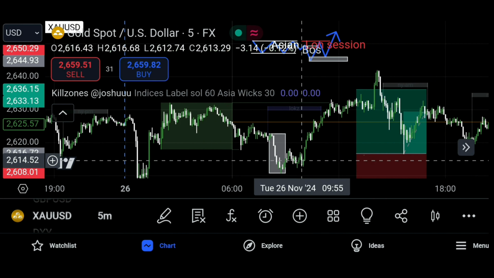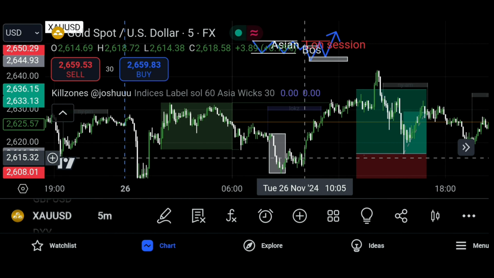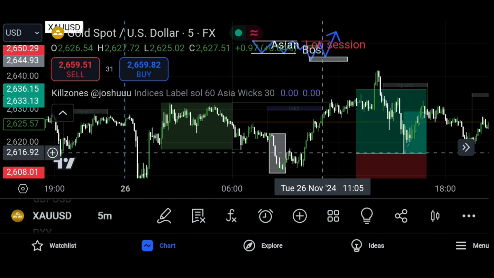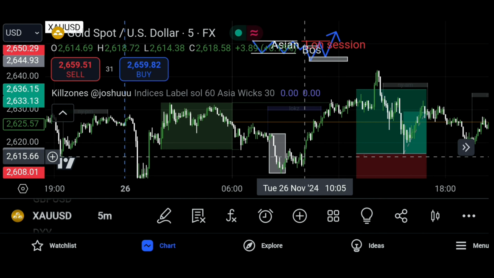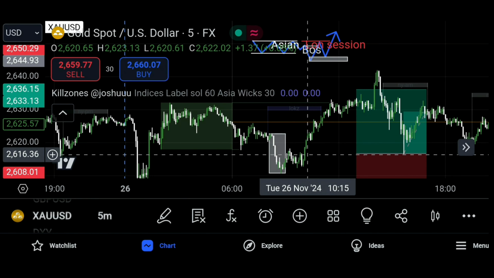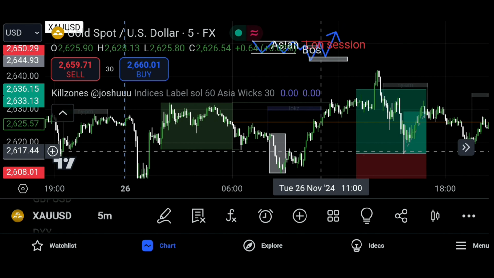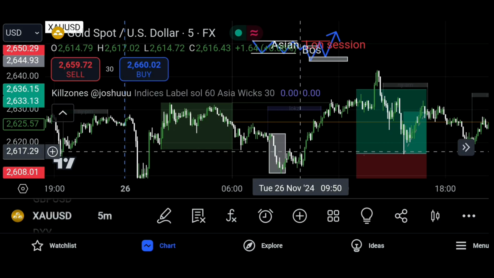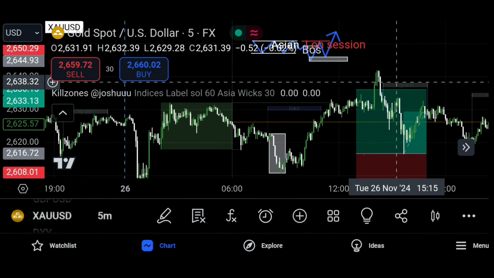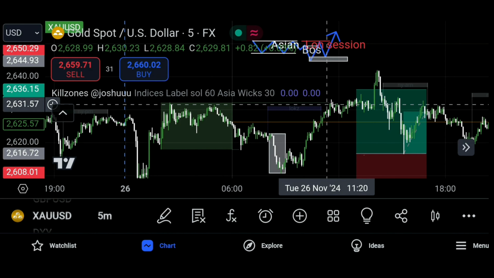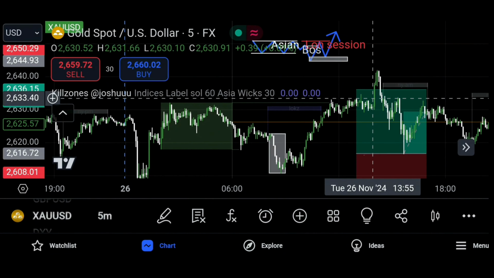In this case, there was an order block and then there was a fair value gap. So I placed it above the order block, because sometimes the market will not really come down to fill all inefficiencies. Just like I explained, the market will not necessarily come down during the London session.